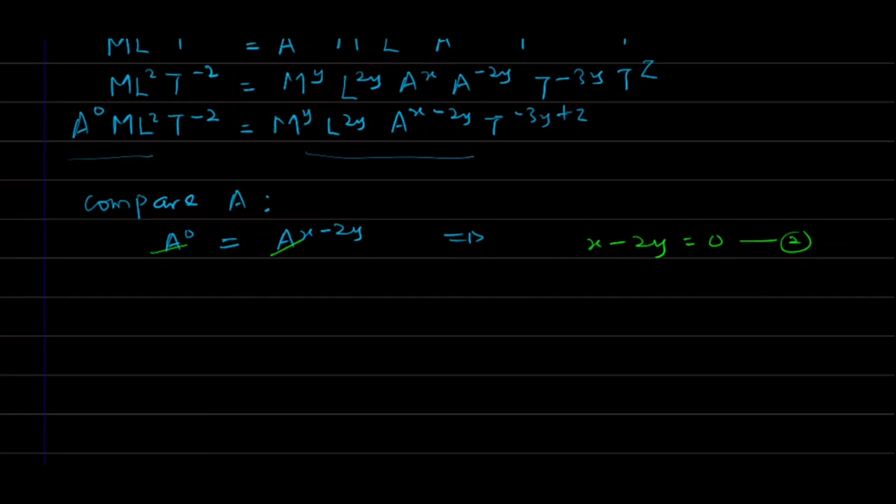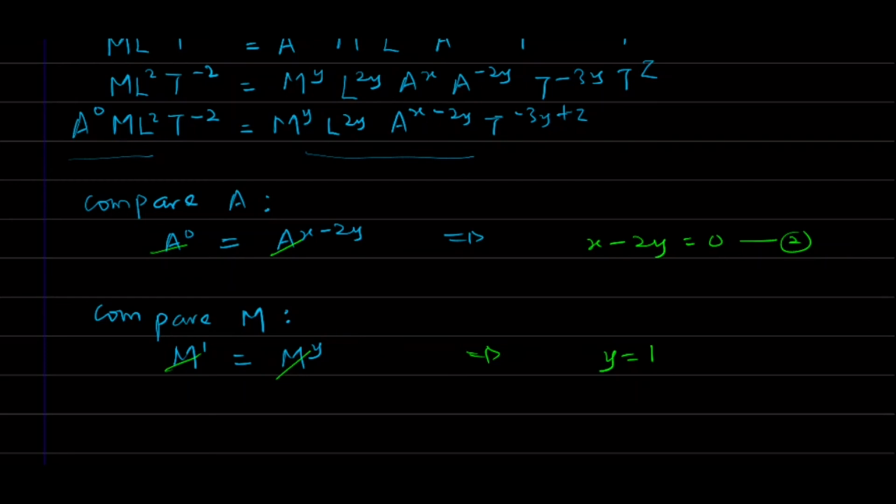Then let's look at the next one. Let's compare m on both sides. On the left hand side, we have m raised to power 1, and on the right hand side, we have m raised to power y. We cancel m because they have the same base, according to the law of indices. That means y equals 1.